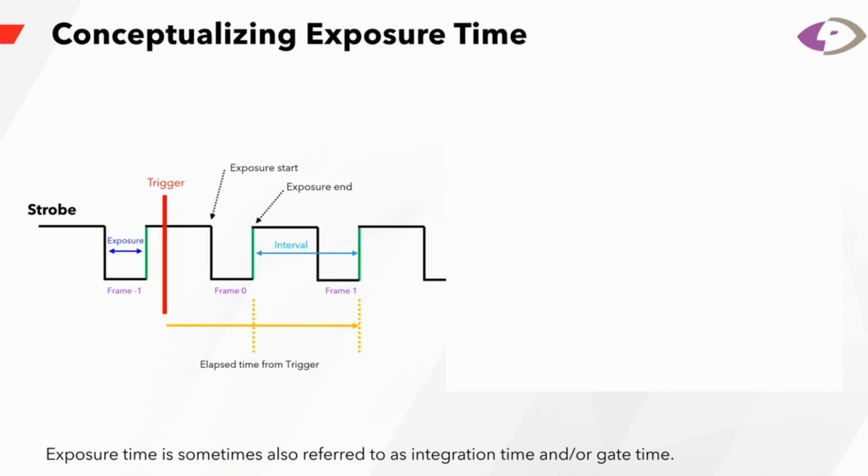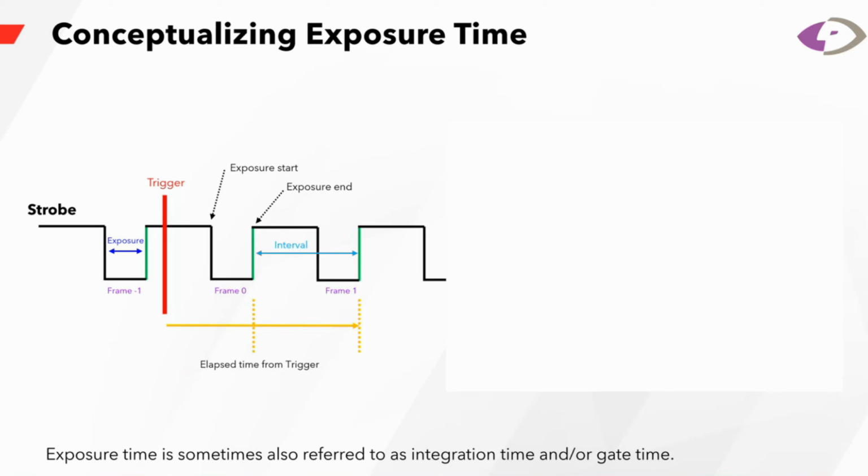Every time this square wave goes down, that's the start of an exposure time. It'll stay low and capture photons until it goes back up. That will be your end of exposure time. That green line, where your strobe signal is going up, also represents the position of where we place our timestamp information.